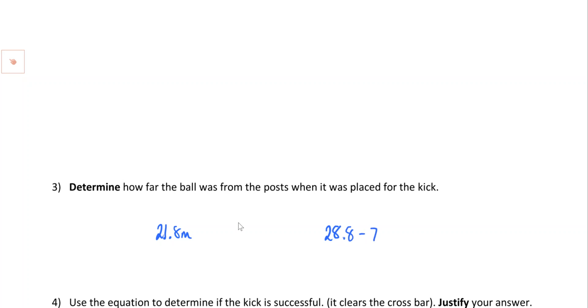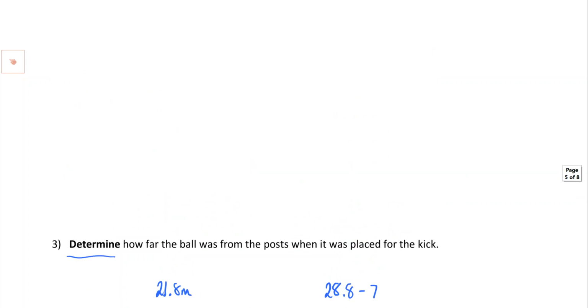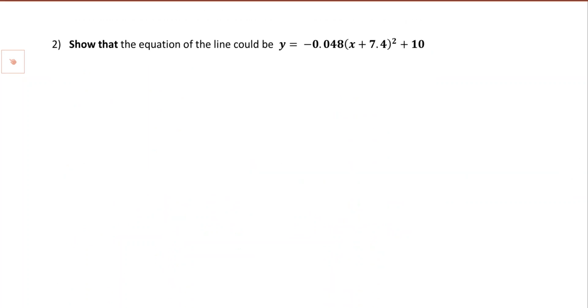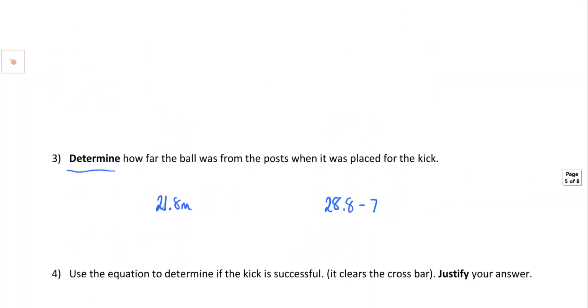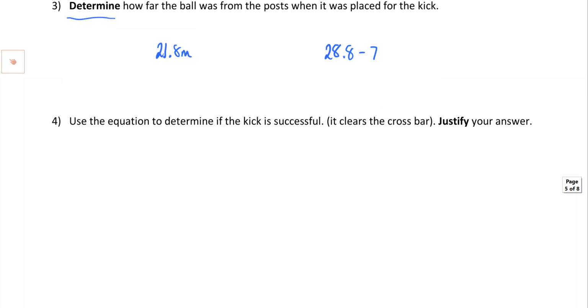But the answer, it just says determine, so you can just put the answer. That's fine. All right. I'm not going to do this one straight away for a reason. So let's go straight now to use the equation to determine if the kick is successful.